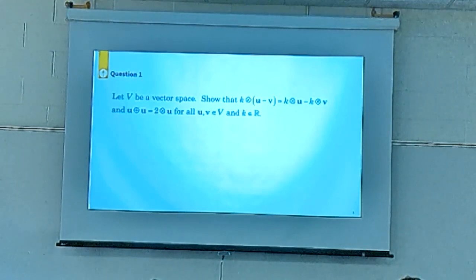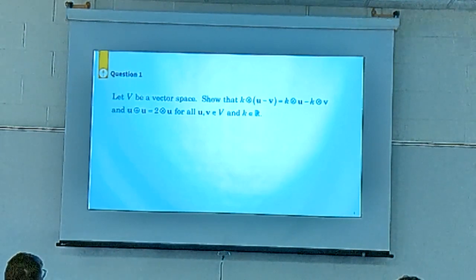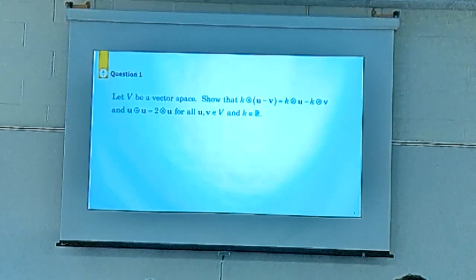Let V be a vector space. We're going to show these two properties: that k times (u minus v) is k times u minus k times v, and that u plus u is 2 times u.